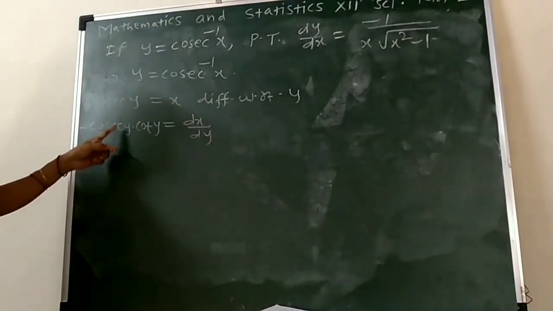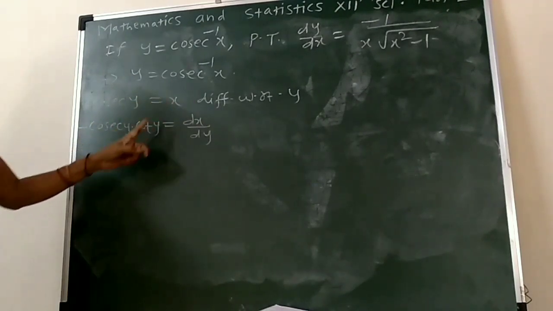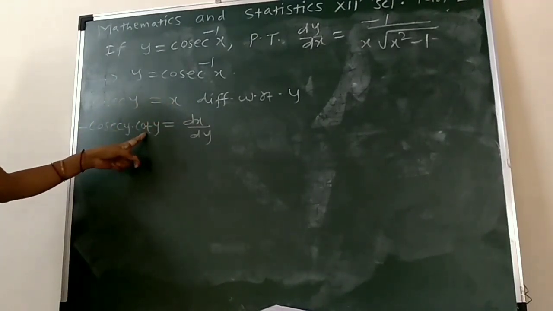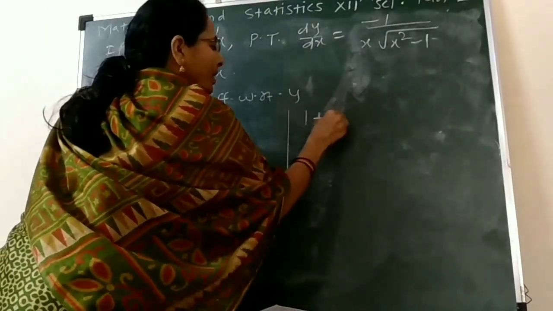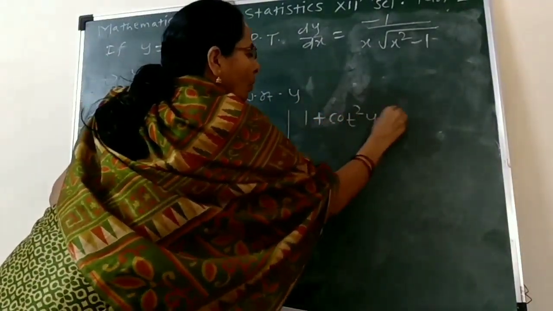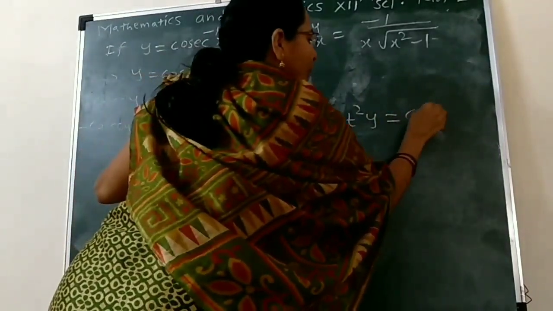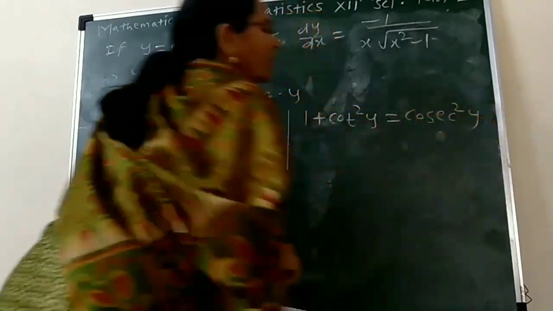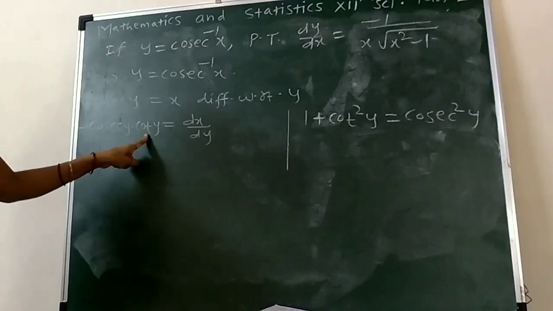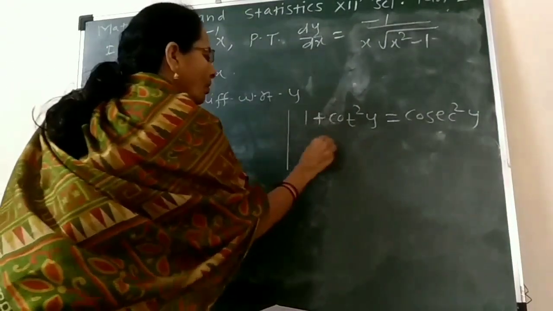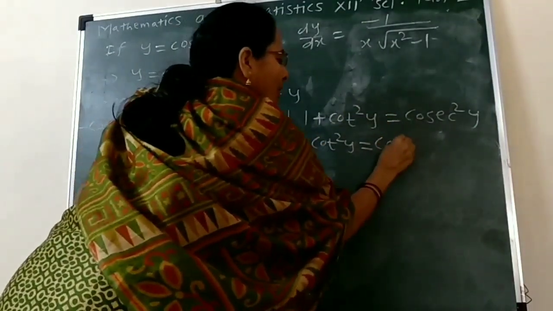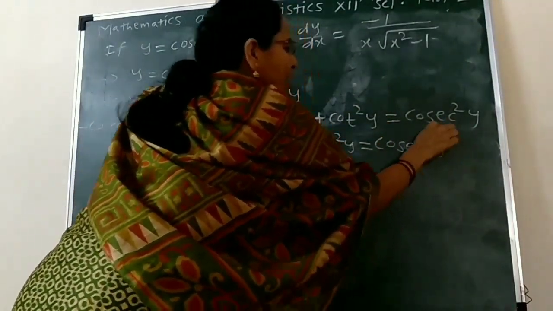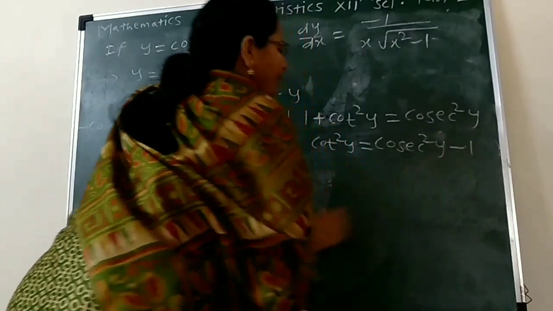Now cosec y, its value is x, but the value of cot y we have to find by using the identity 1 plus cot square y equal to cosec square y. Cot square y equal to cosec square y minus 1.